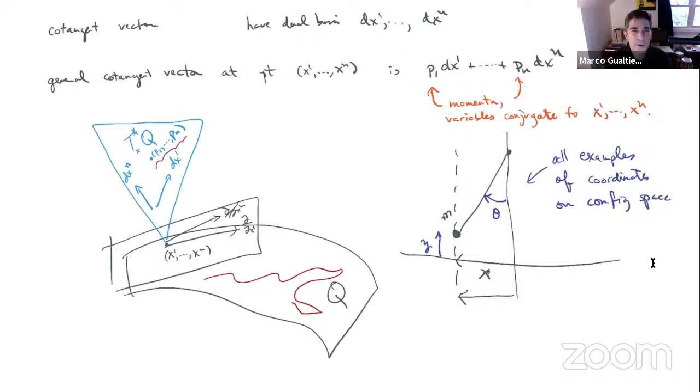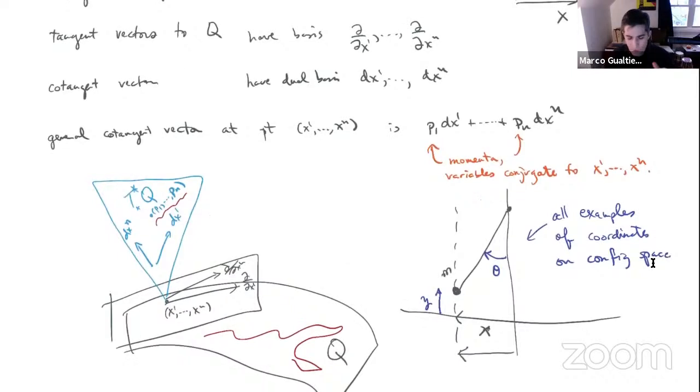They don't need to be rectilinear coordinates of any kind. They can be curvilinear coordinates, as you would call them in the old-fashioned way. And once you've chosen that, then there is a canonically conjugate coordinate system on the cotangent space. There is no choice after that point. So once you've chosen your x, the p's are determined.